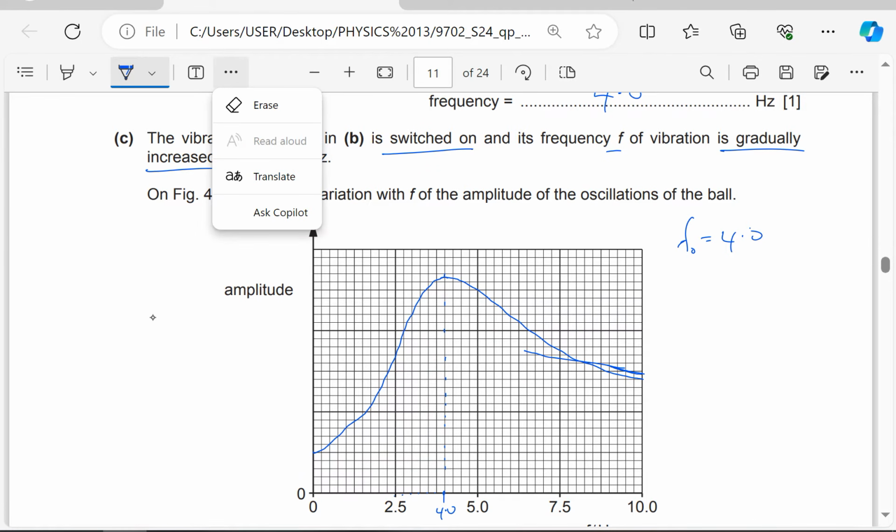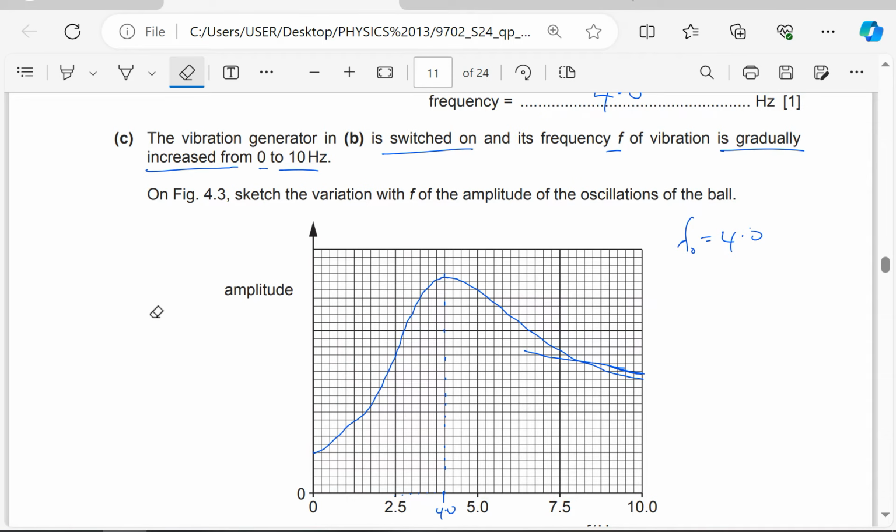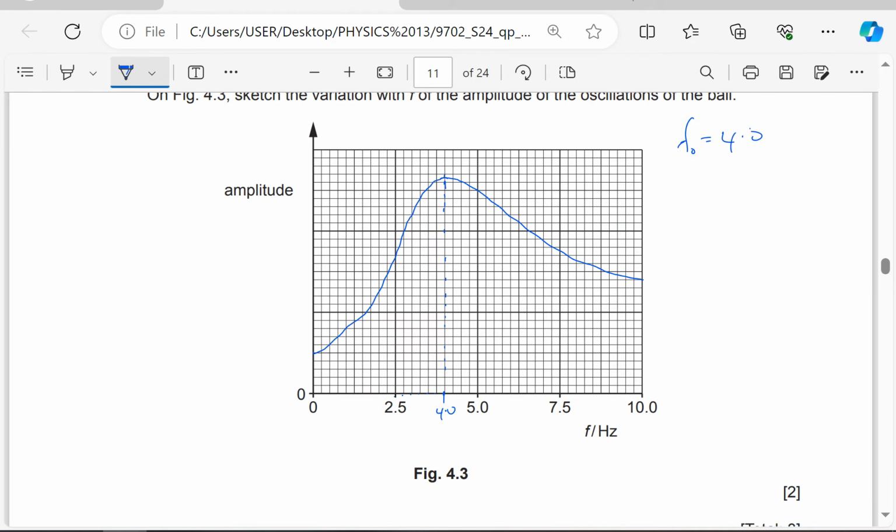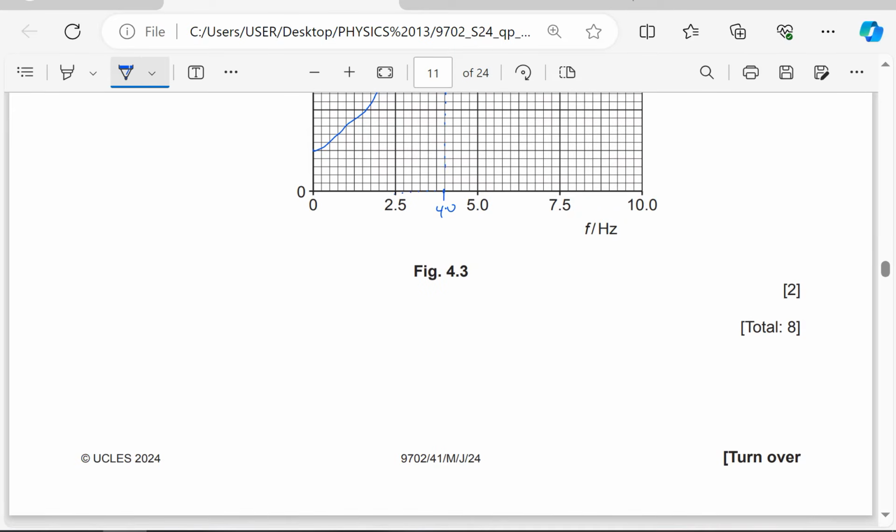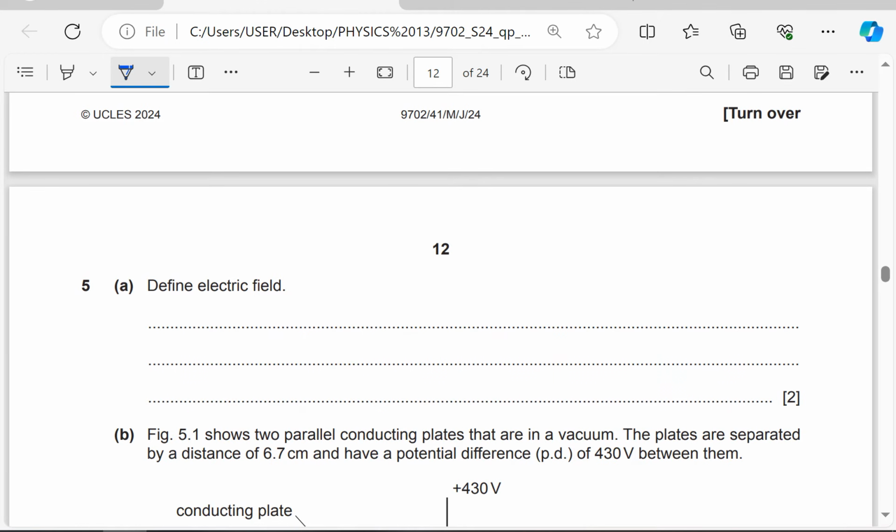As long as the peak is at 4.0, you must have sketched the resonance curve in your class. I'm saying the peak should be at 4.0 because resonance occurs when the natural frequency is equal to the driving frequency.